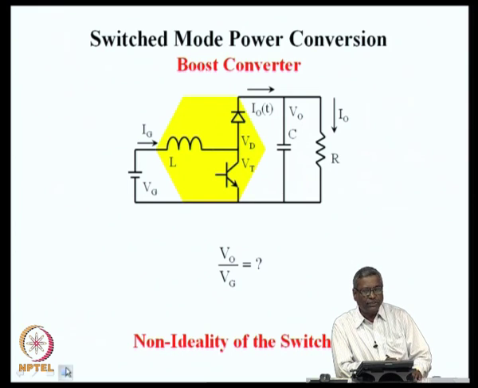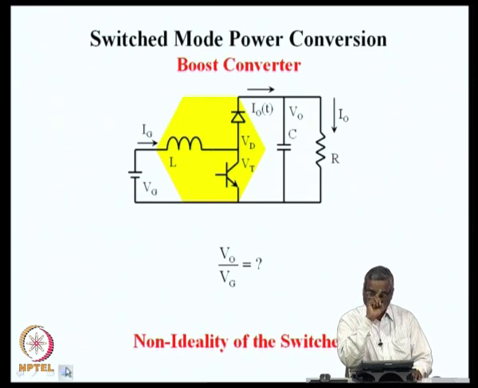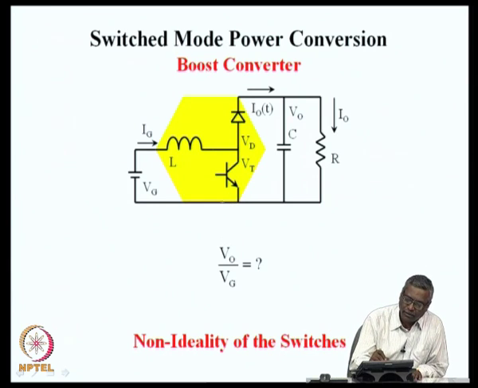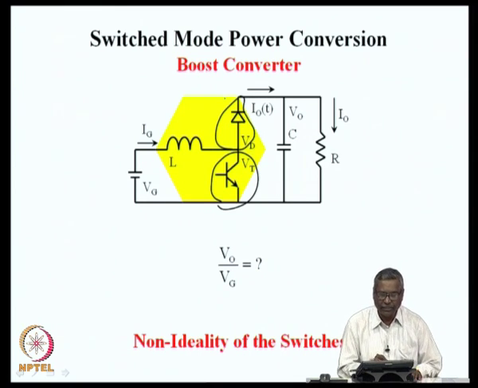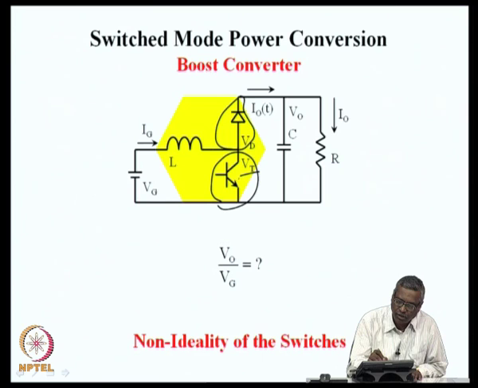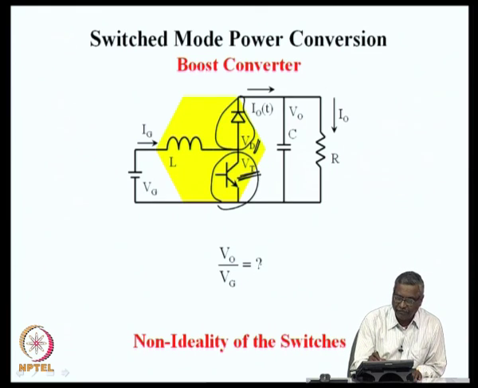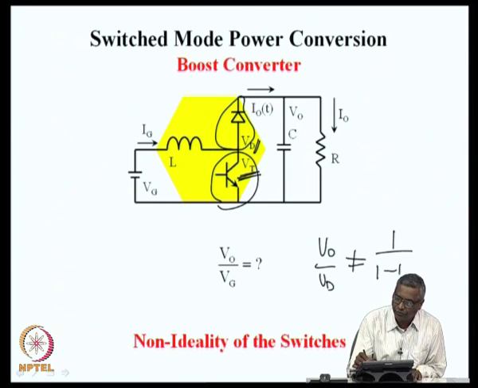The switches in the converter are not really ideal, and they are realized by an active switch, a transistor, on this side and a passive switch, which is a diode, on that side. And these switches have a voltage drop during conduction, which is Vt for the transistor and Vd for the diode. Now, on account of that, our V naught by Vg is not going to be the same as what we had found out ideally.